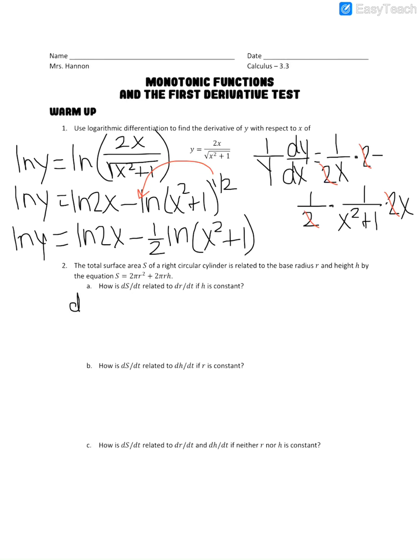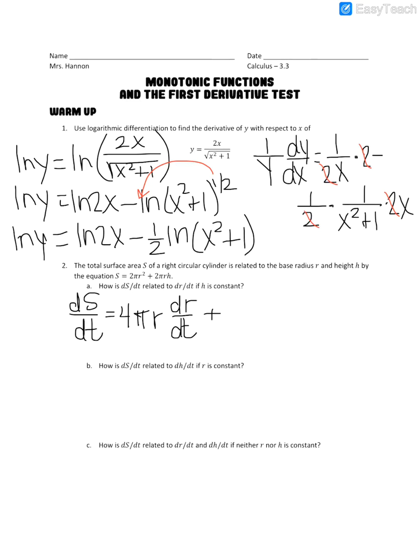I would have ds dt equals, okay, so the derivative of 2 pi r squared would be 4 pi r dr dt, plus, and now here I do have to do the product rule.